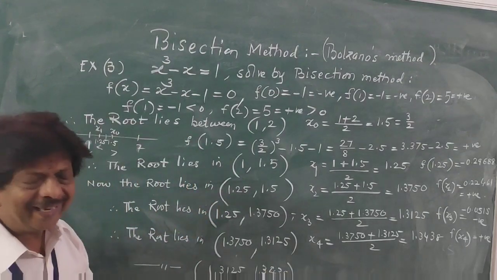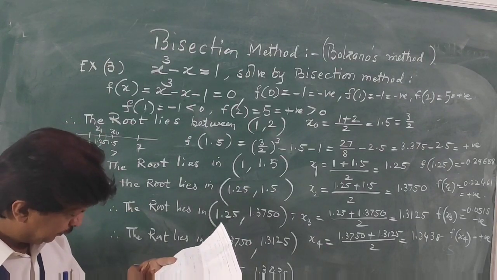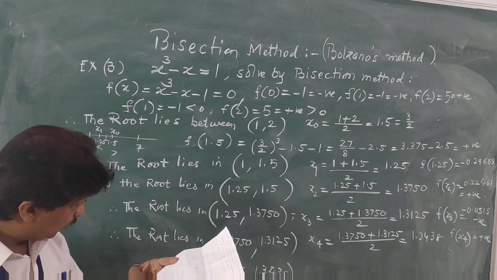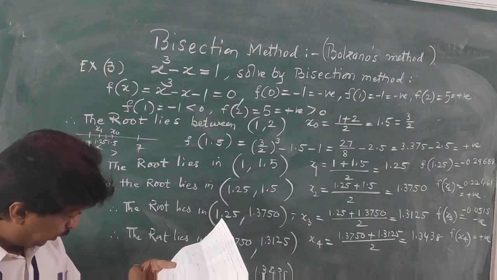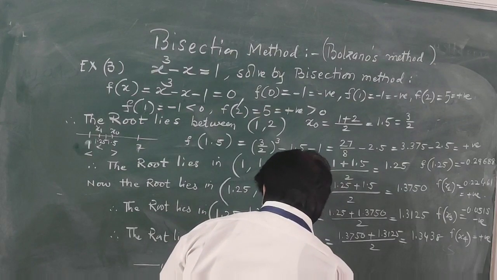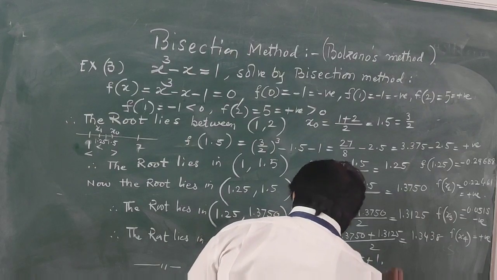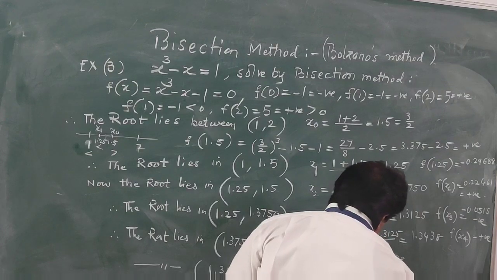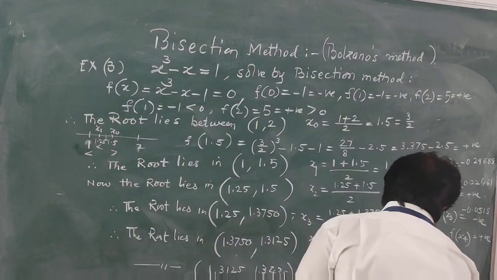We go on bisecting this interval. So x5 is the center point of 1.3125 and 1.3438. x5, 1.3125 plus 1.3438 divided by 2, comes out as 1.3282.